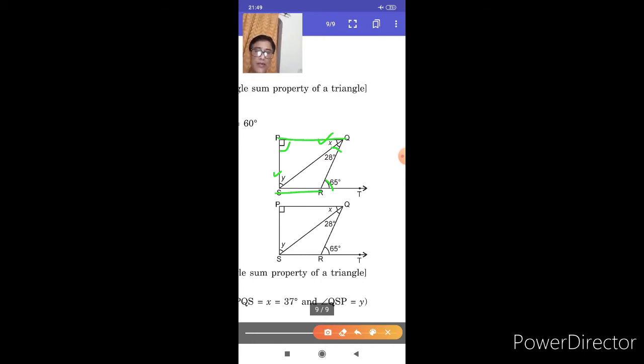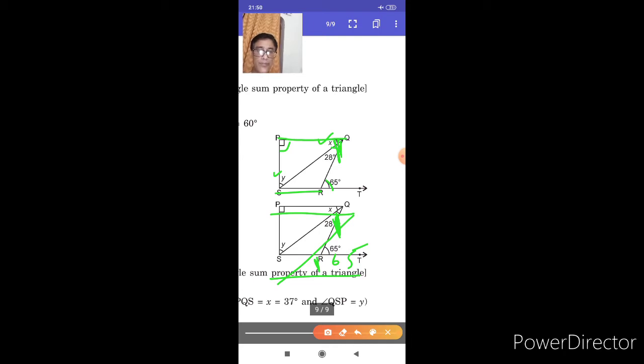So if you see here, PQ is parallel to SR and this one is the transversal, so this value equals this, and this one we have been given as 65. What is the value of angle Q here? x plus 28.